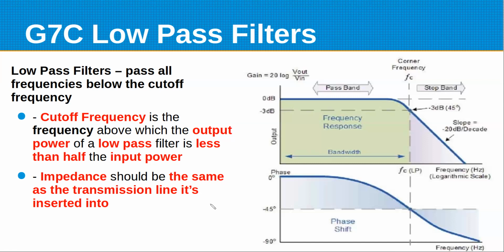Like in the case of, if this was an output for a transmitter going into a 50 ohm feed line, you'd want to design that filter so it works at 50 ohms. The green part here is called the pass band. So that's anything from 0 up to whatever the cutoff frequency is.